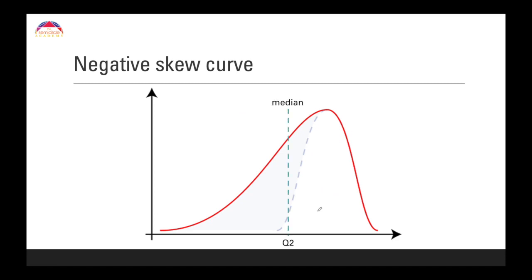Now, we could see here that in a negatively skewed curve, the median, which is the very center of the range, is still not a very good estimate as to how well the students did. And the mean, the arithmetic average, isn't a very good estimate either of how well the students did.